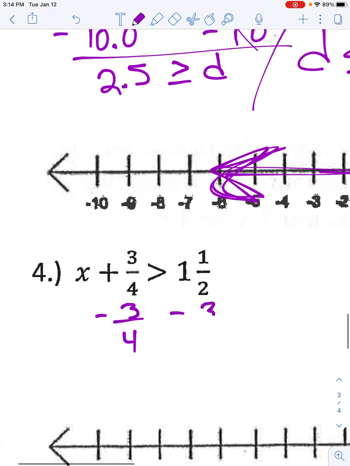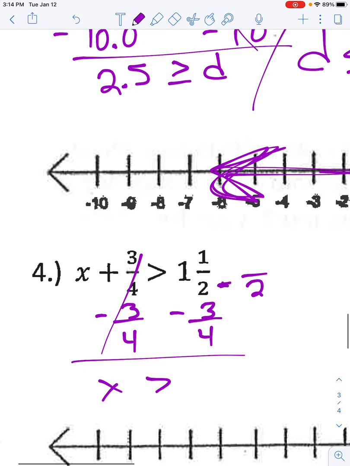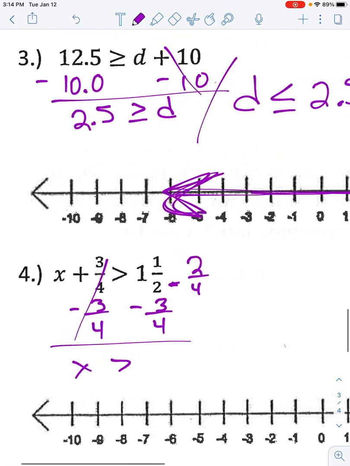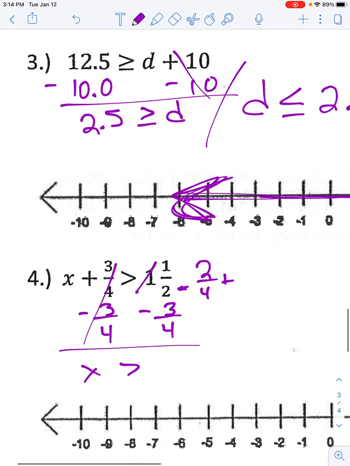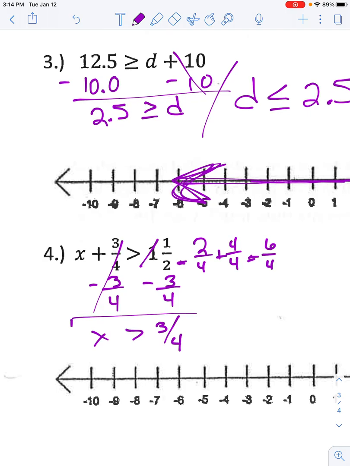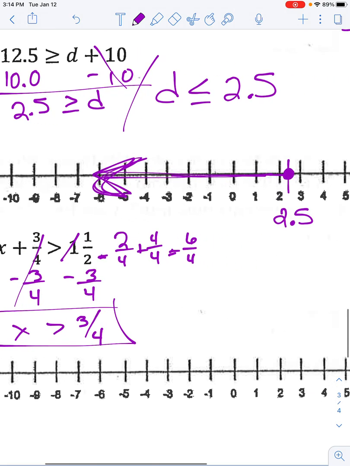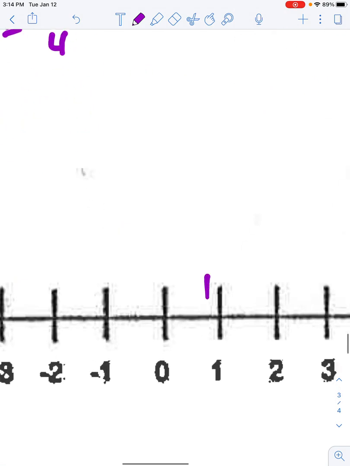Number 4, x plus 3/4, so I'm going to subtract 3/4 from both sides. I need a common denominator. Not a 2, how about a 4? I'm going to borrow to get 3/4.